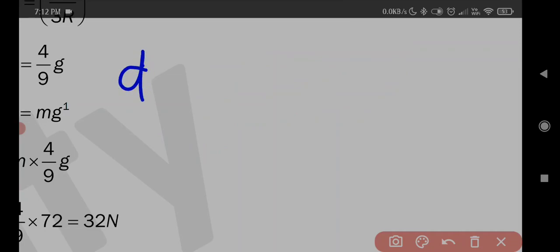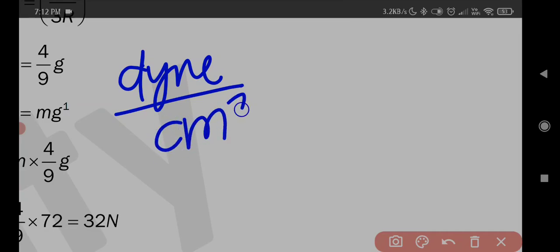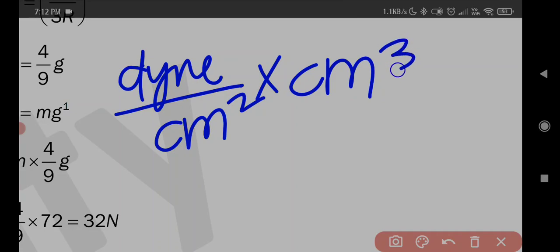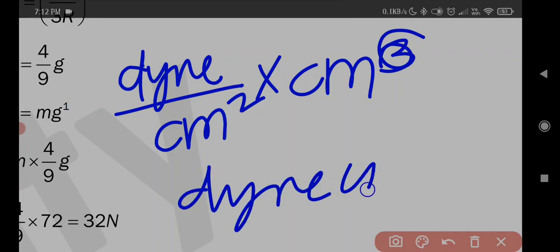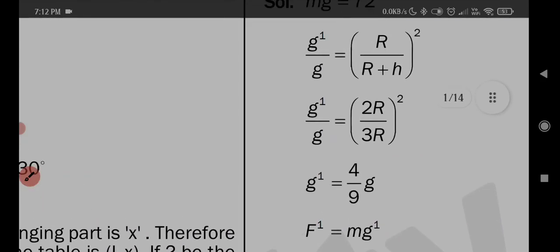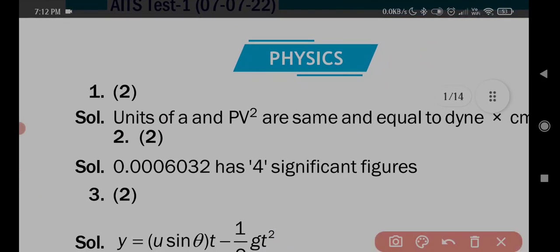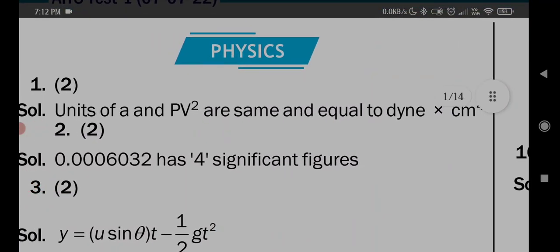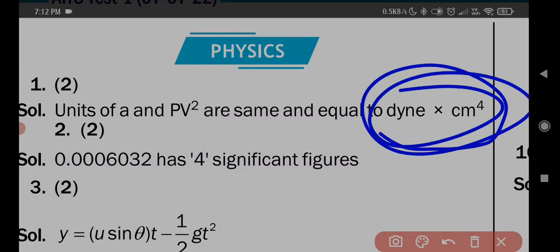Force is dyne, and this is centimeter square because it is area, and volume is centimeter cube, which gives 10 to the power 6. So dyne centimeter to the power 4 is the answer. Our correct option is 2, dyne per centimeter to the power 4.